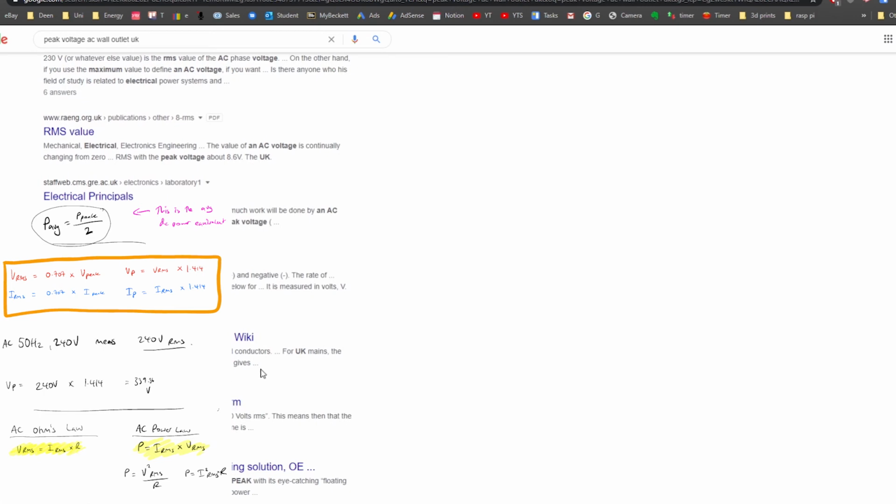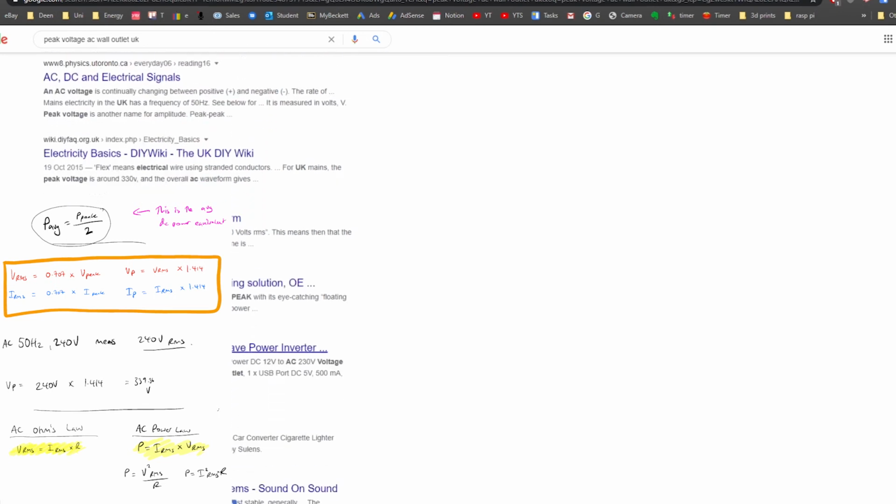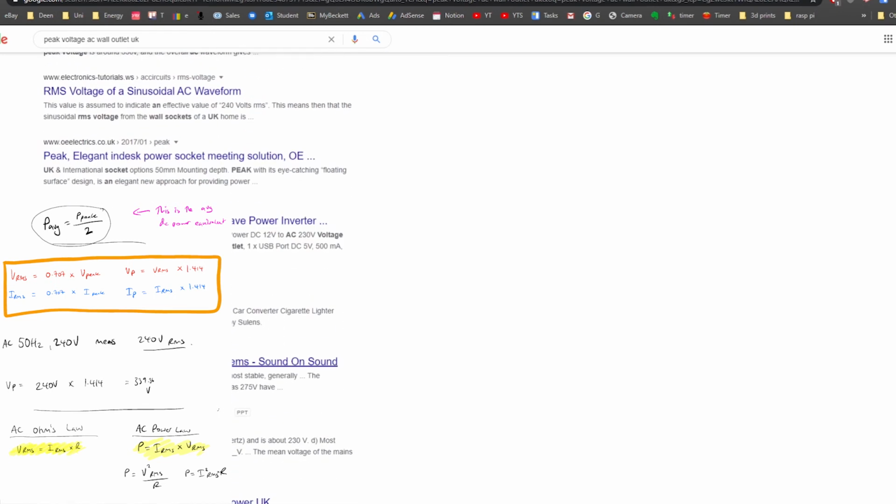Yeah, it says here for UK mains, the peak voltage is around 330 volts. That's so cool, man. I'm very, very happy with that.